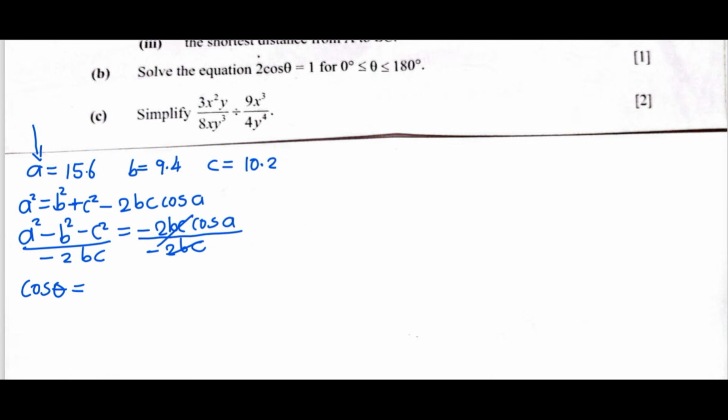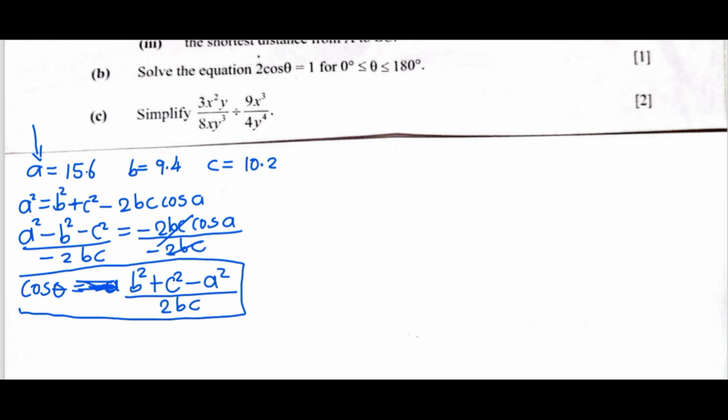Negative into A squared is negative A squared, negative into B squared is B squared, negative into C squared is positive C squared. So this is the formula that you can master, where we have made theta the subject of the formula.